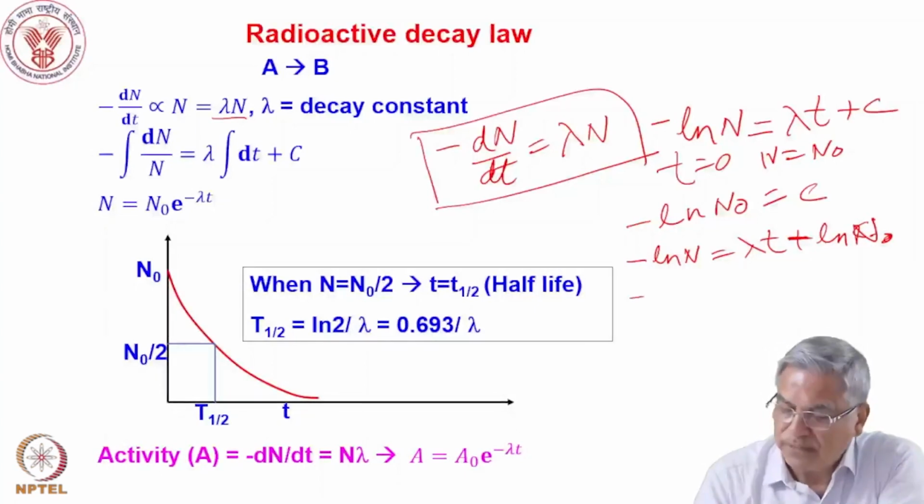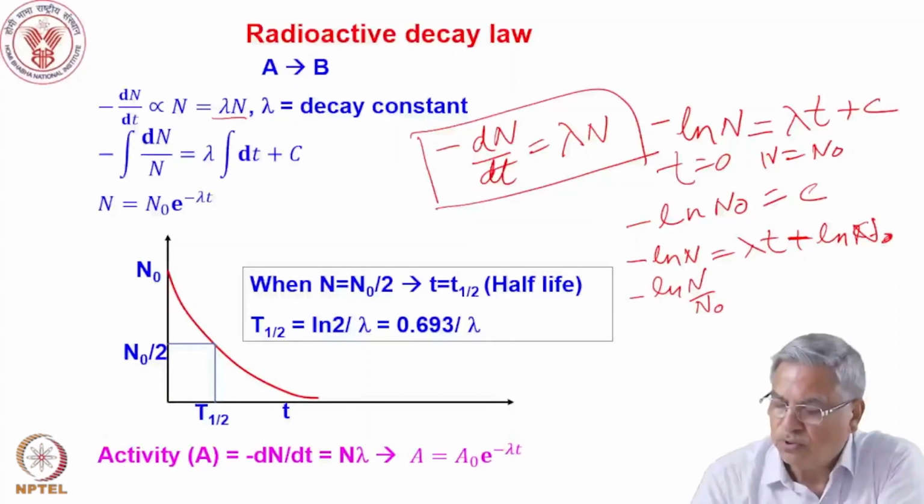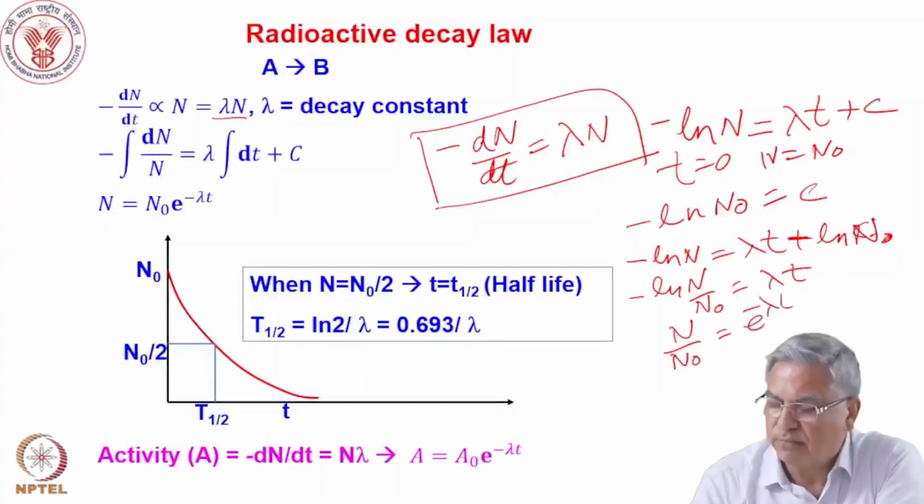So it becomes minus ln N upon N0 equal to lambda t, or you can say N upon N0 equal to e raised to minus lambda t.